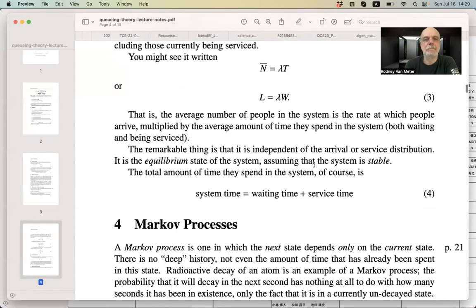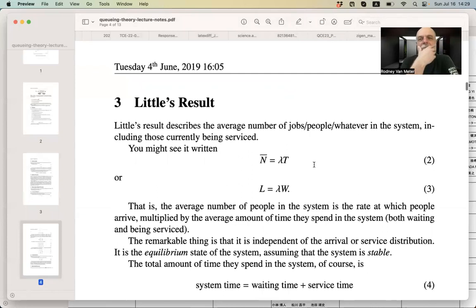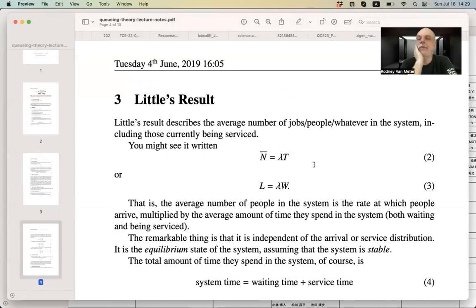All right. The most important result in queuing theory is known as Little's result, which you might see written in one of two ways. You might see n bar equals lambda T, or L equals lambda w. What it tells us is that the average number of people in the system is the rate at which people arrive multiplied by the average amount of time they spend in the system.